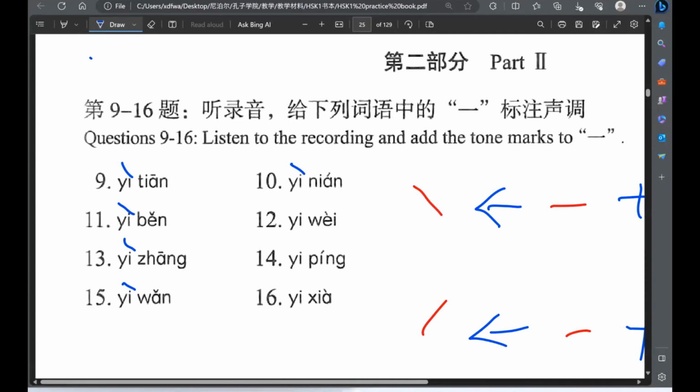And then let's pick out which one is following the second rule. Second rule is when E is followed by a syllable in the fourth tone, it changes into the second tone. So the fourth tone here is 12, 位, fourth tone. So 一位. 16, 下, fourth tone, 一下.